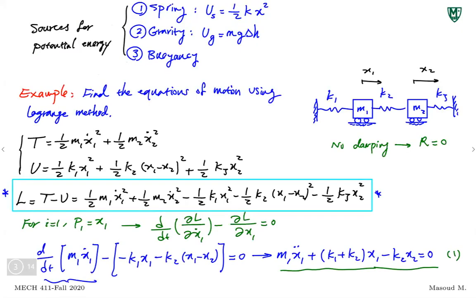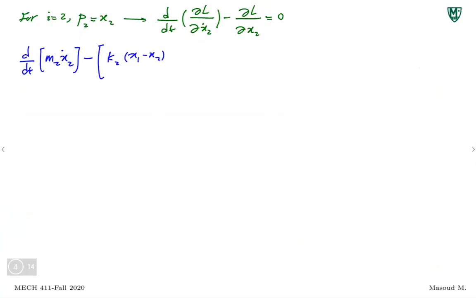And the final term would be 1 over 2 k3 x2 squared. If you take the derivative with respect to x2, it would be minus k3 x2. This is equal to 0.